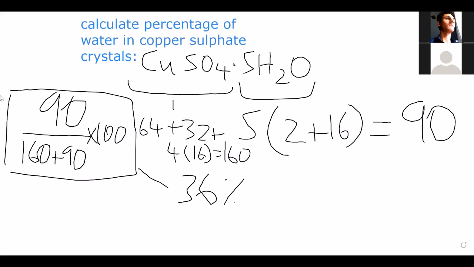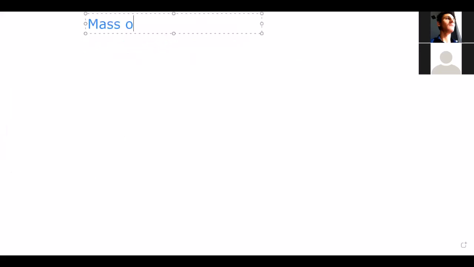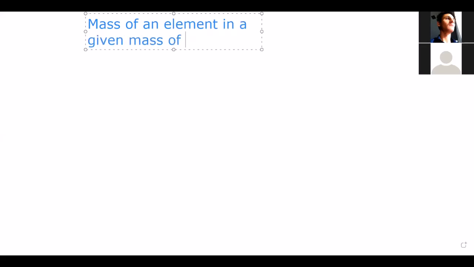Next is the mass of an element in a given mass of its compound.